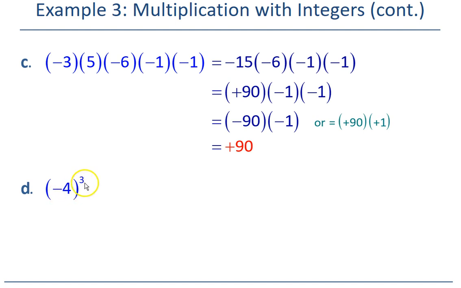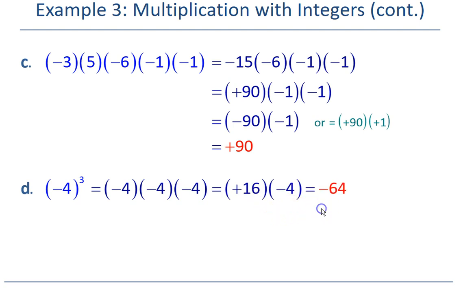A negative value to an odd exponent is going to end up being negative. As they show here, odd number of negative signs is a -64. Now, a negative value in the parentheses like this raised to an even power will be positive. So -3 times -3 is a positive 9.